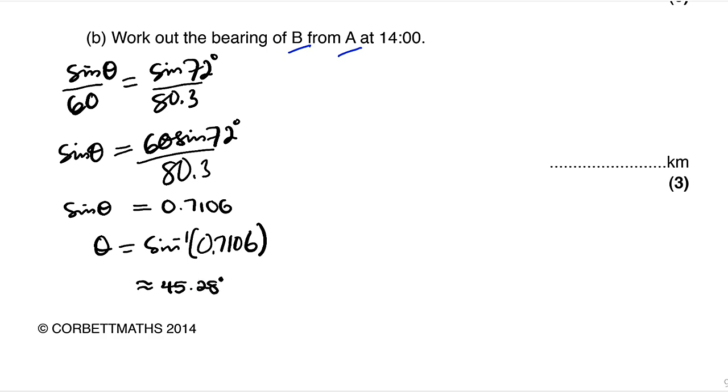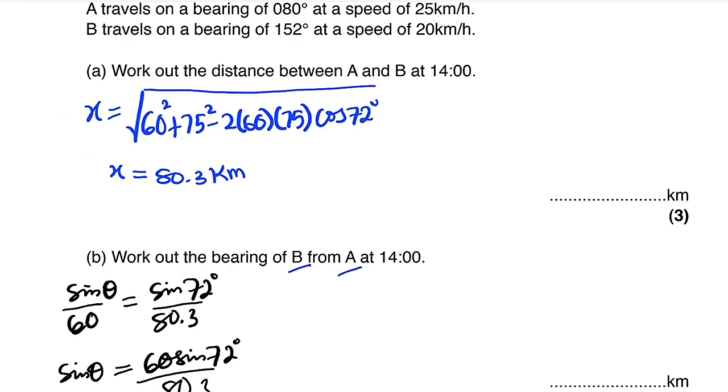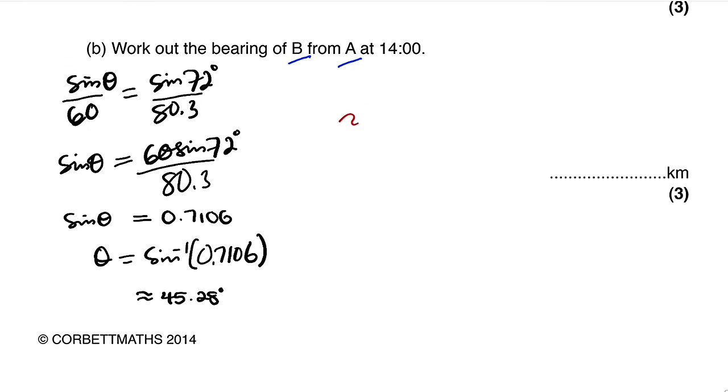Let me find that angle, and this is approximately equal to 45.28 degrees. But remember that the angle at a point is 360 degrees. So to find this angle at the back, which is the bearing, we are going to subtract these two angles from 360 degrees. So let me make a conclusion here.